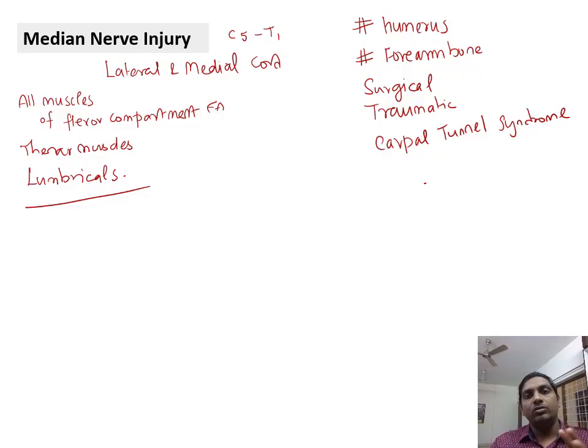So it is a closed tunnel system wherein any lesion or any edema or any trauma or any fracture will cause compression neuropathy of the median nerve, thereby reflecting the median nerve deformity.